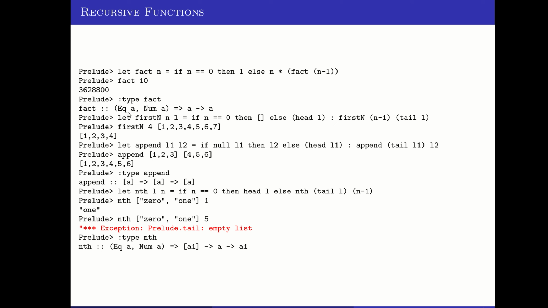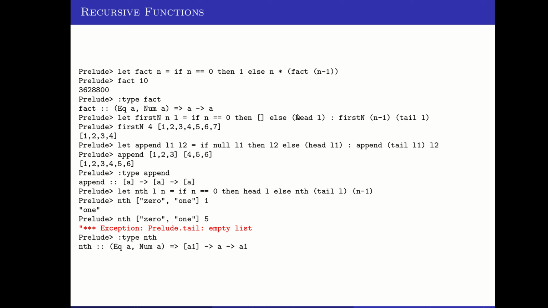Here's a list-based recursive function. It says it will get the first n items, so you define some n for it and a list, and if n is 0, it gives you the empty list. Otherwise, it gives you the head of that list combined with the result of first n on n minus 1 and the tail of the list.